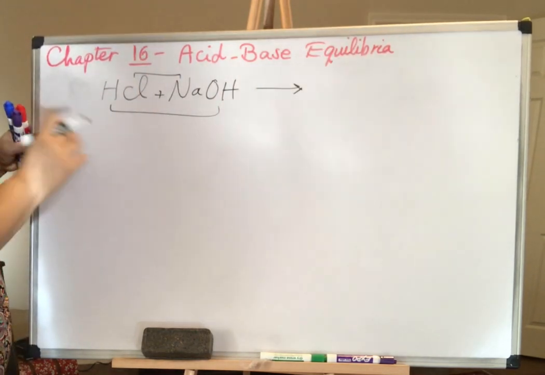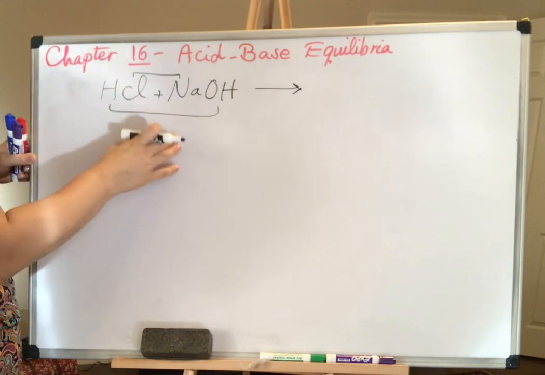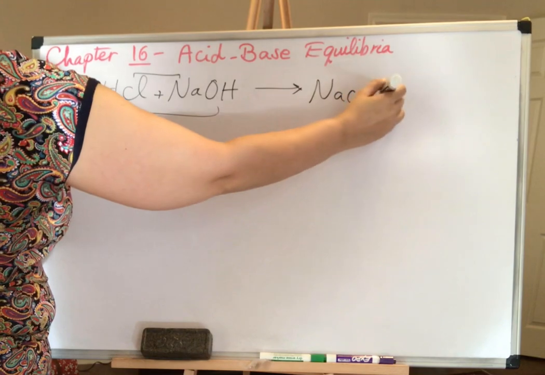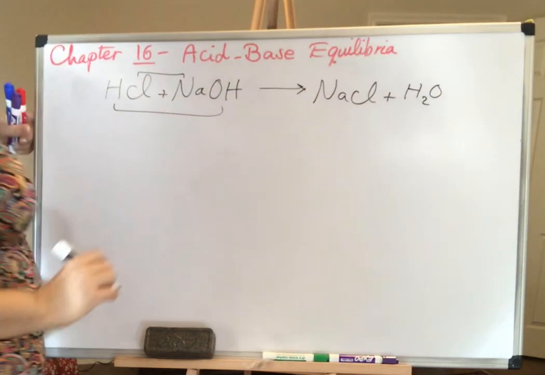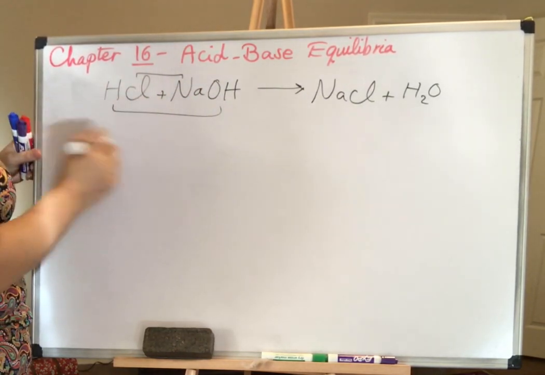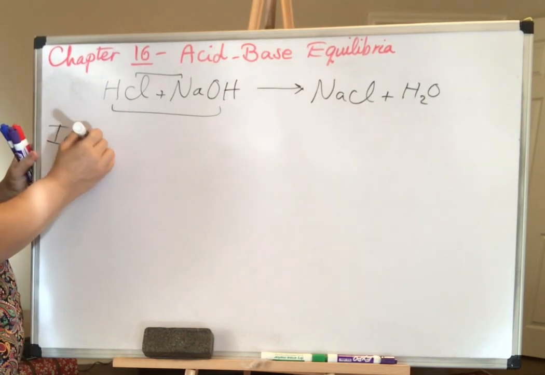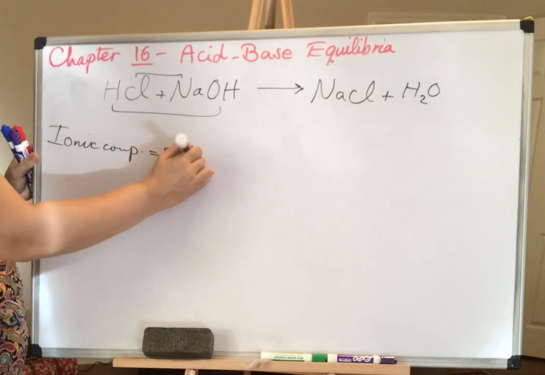From school days, they told us that the product of addition of acid and base will give us salt and pepper, huh? I'm kidding. Salt and water. So here it's table salt, but in chemistry, any ionic compound is called salt.